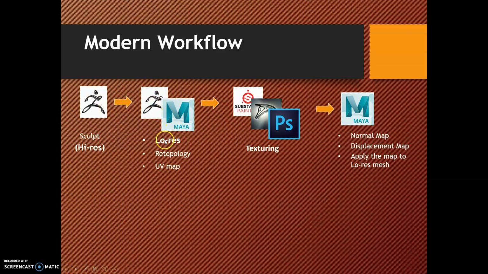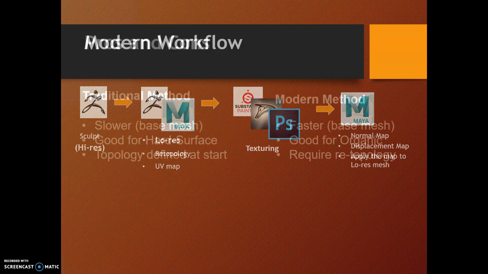Then you do your low res by doing the retopology and then the UV map. Then you reproject your high res onto the low res. From this point onward, I think it's all the same, so I don't have to repeat. It's just that the beginning part of this workflow is vice versa, the opposite of what the traditional workflow does.